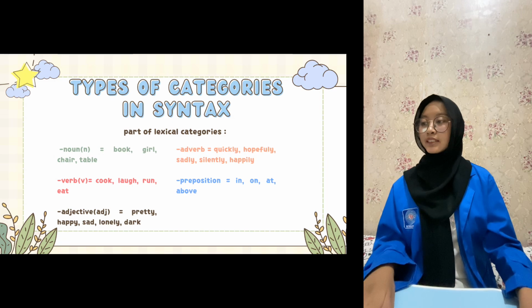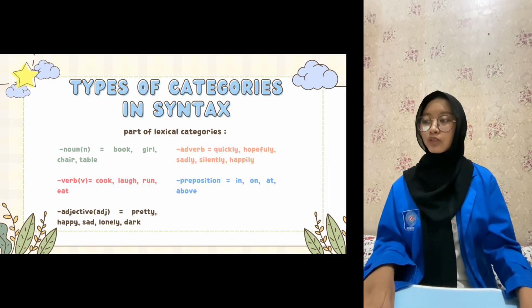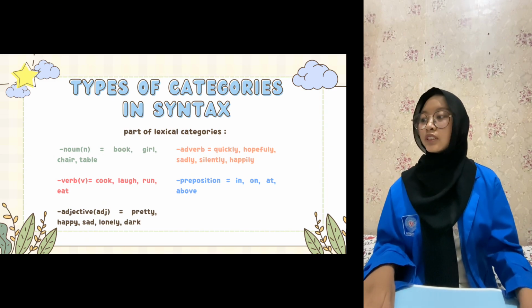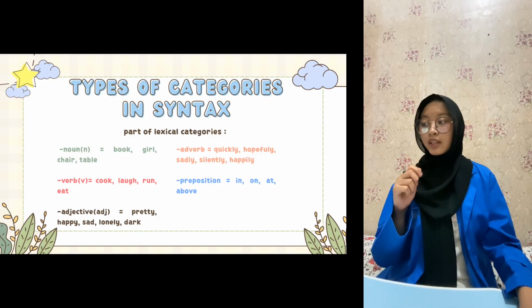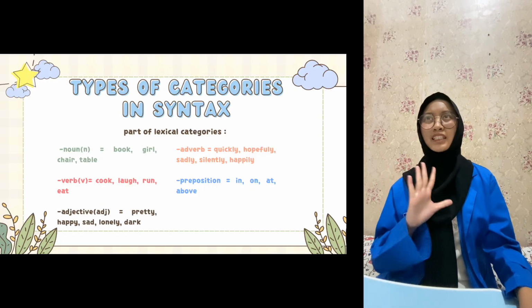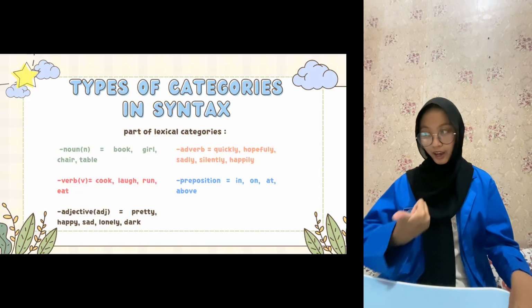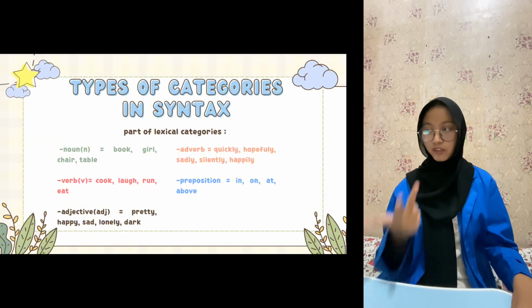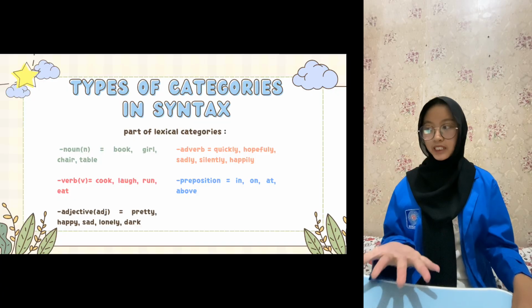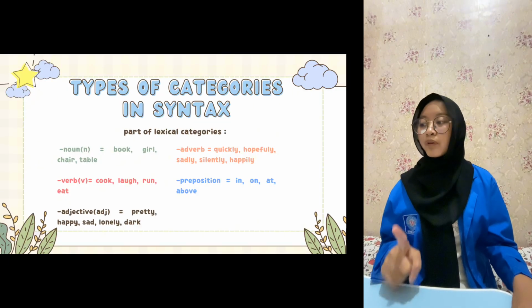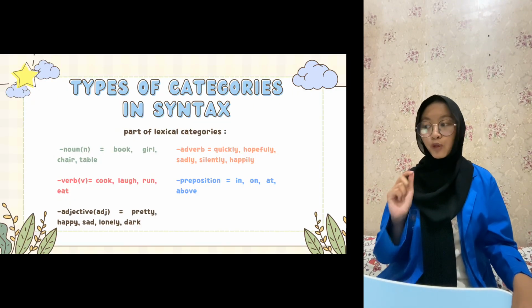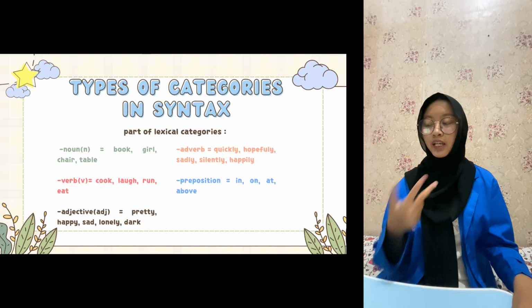Sorry, those are not examples, but the parts of lexical categories: noun, verb, adjective, adverb, and also preposition. For noun, the examples are book, girl, chair, and table.